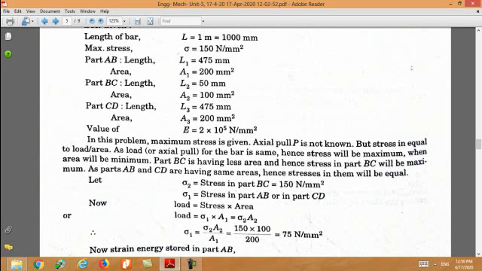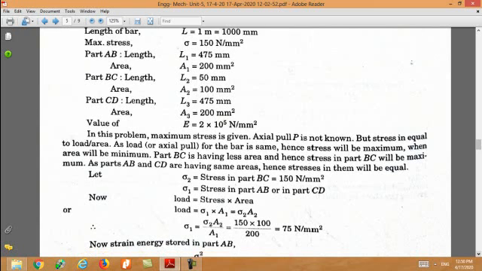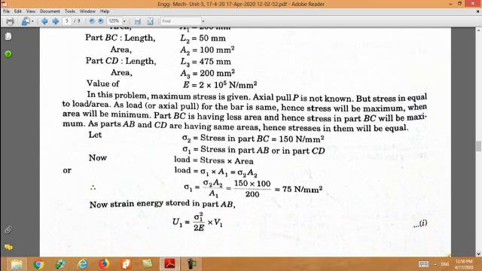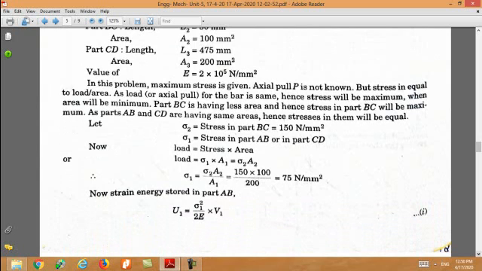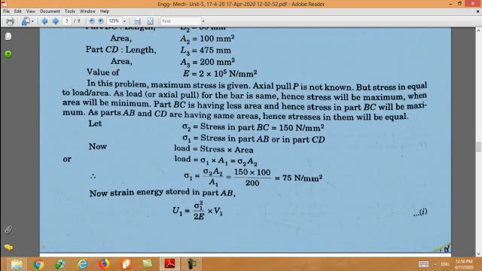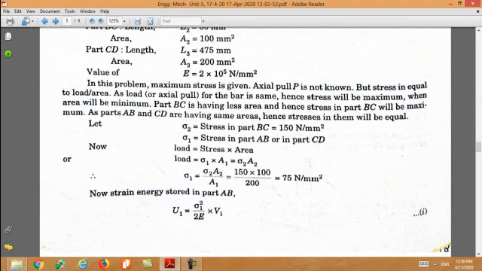It means the stress for the BC section is given, and stress in AB and CD is to be calculated. Stress in part BC is 150 Newton per millimeter square, and you will calculate the stress in the parts AB and CD.